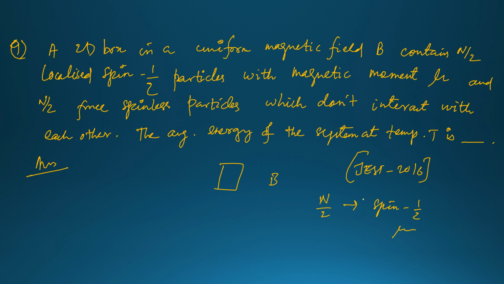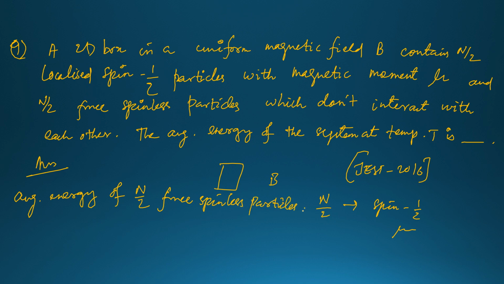Okay. So see, the average energy of n by 2 free spinless particles is how much? It will be E1 is equal to n by 2 into 2 by 2 kBT. Why 2?